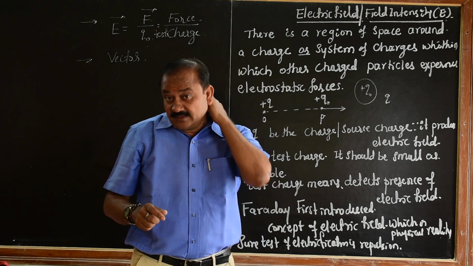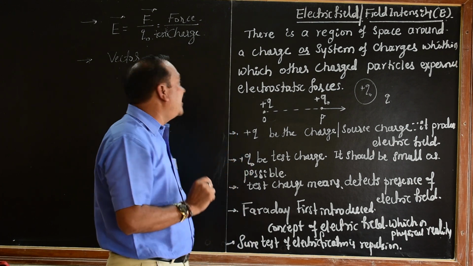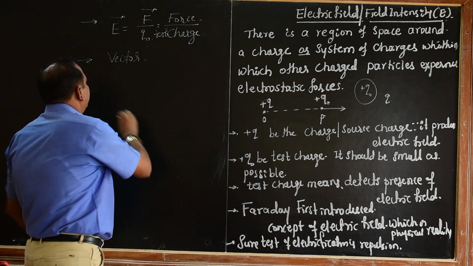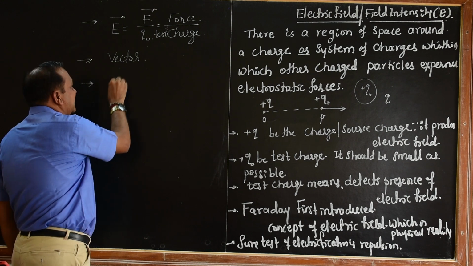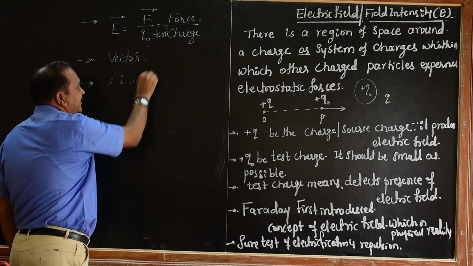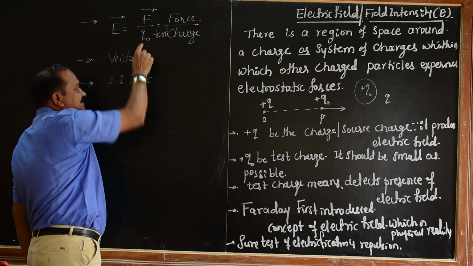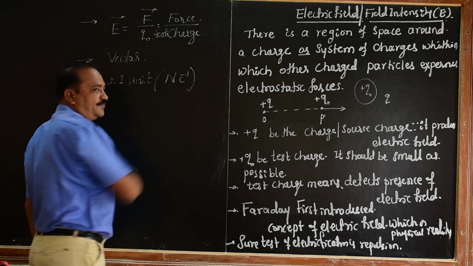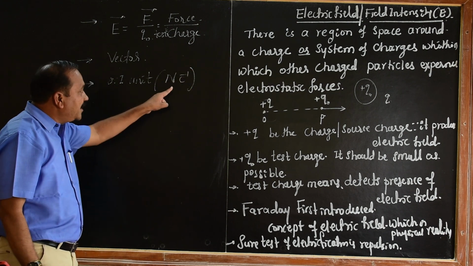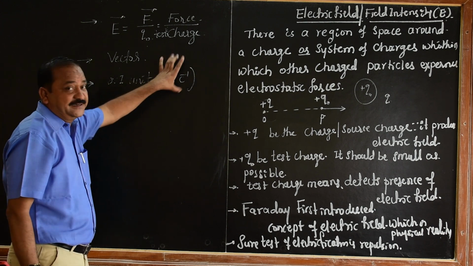Electric field has both magnitude and direction, hence it is a vector quantity. The next one is the SI unit of the electric field. Force and charge, so that should be Newton per coulomb. Newton per coulomb is the SI unit of the electric field.